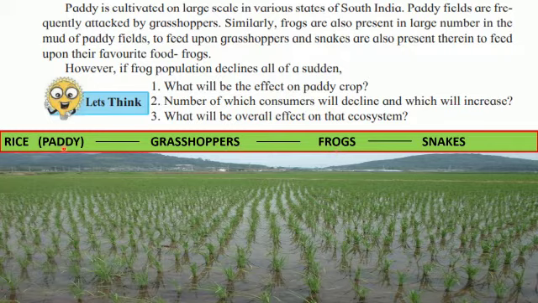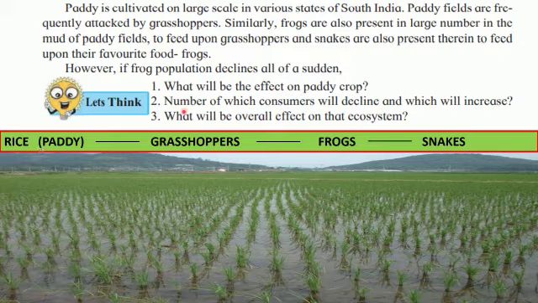So what will be the effect on the paddy crop? Since the frog population has declined, the number of grasshoppers will increase. And if the number of grasshoppers increases, it will have an adverse effect on the paddy crop, and we find that the paddy crops get damaged. So this will be the effect of the decline in the population of frogs on the rice field.